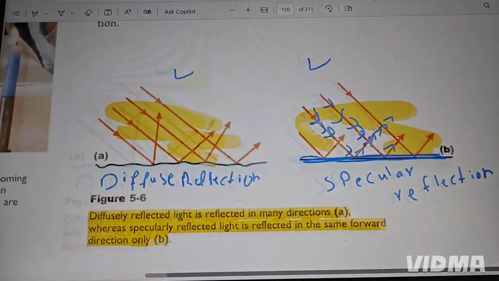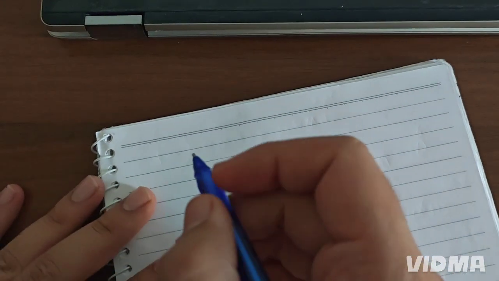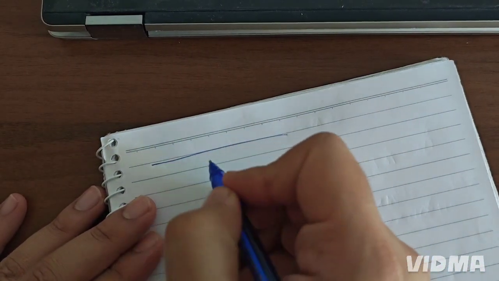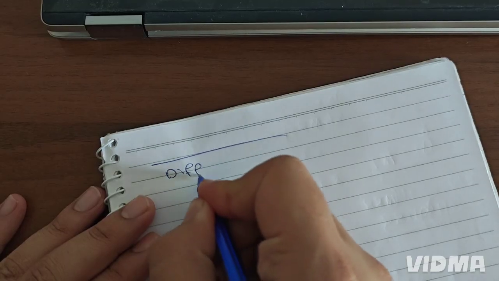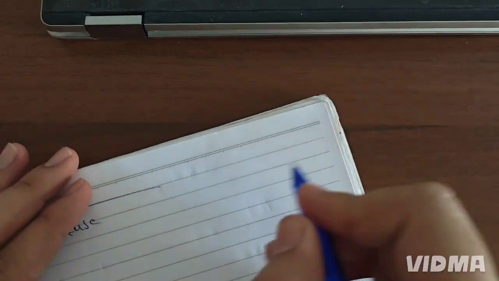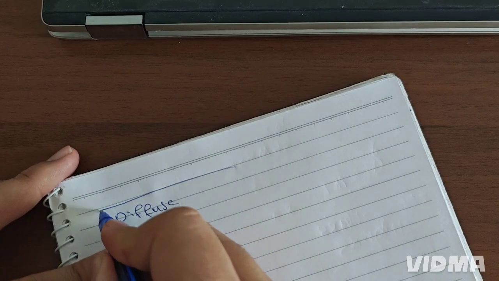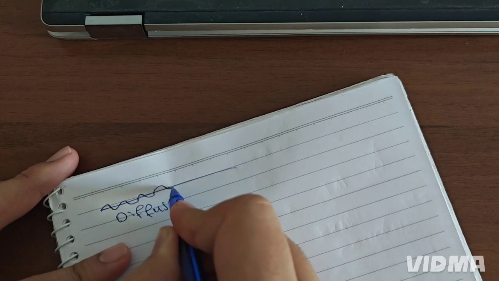So let me write down the difference between them here, it is better. The first one that you have, sorry, this is specular.